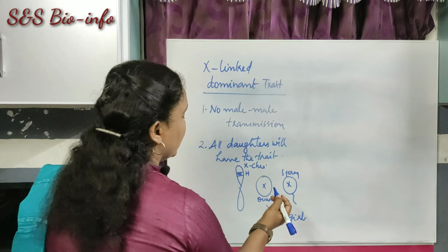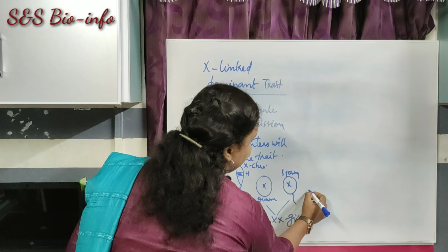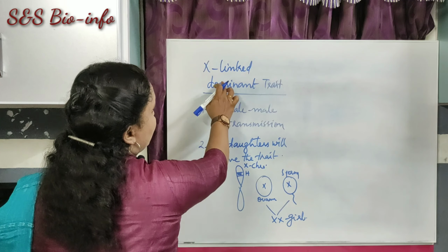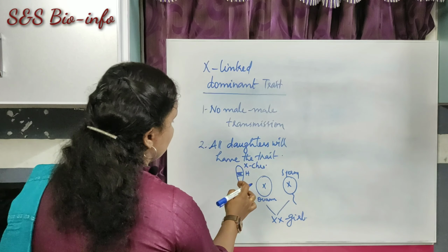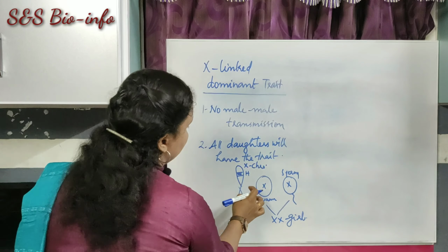Here, if the parents have dominant alleles, that means the X chromosome has the dominant allele. So both will have the genes, and they contribute those dominant genes to the girls. That's why all daughters will have the trait.